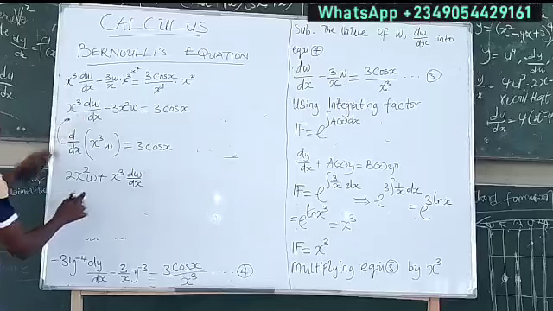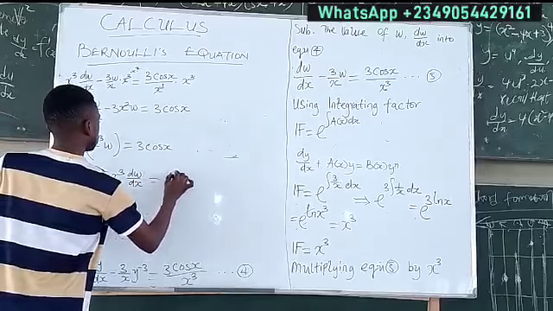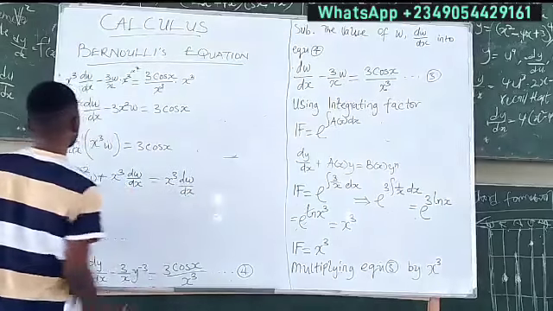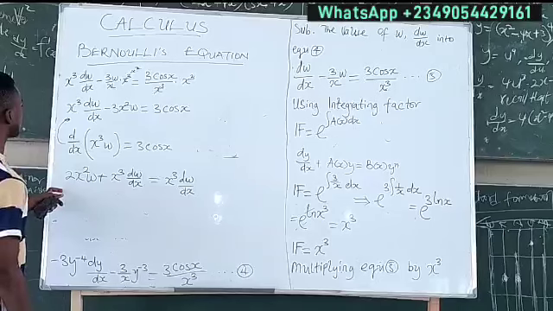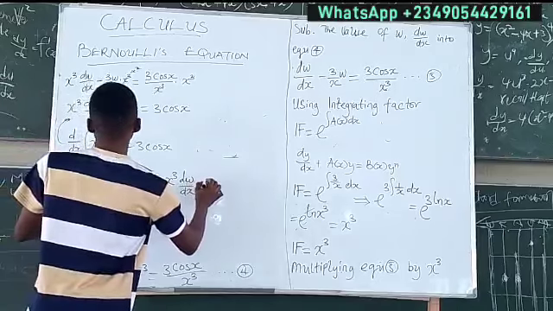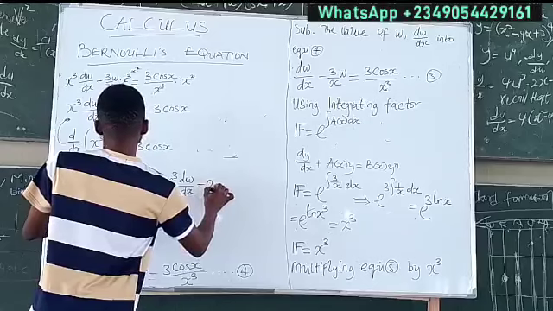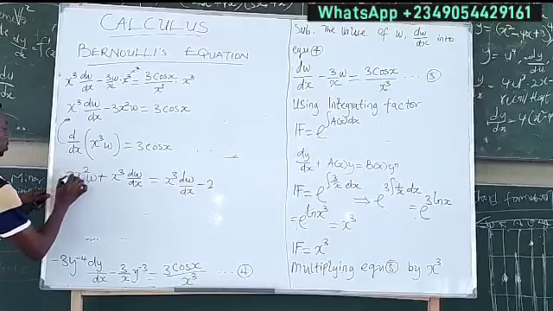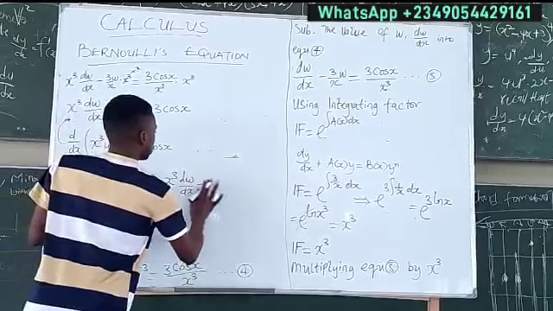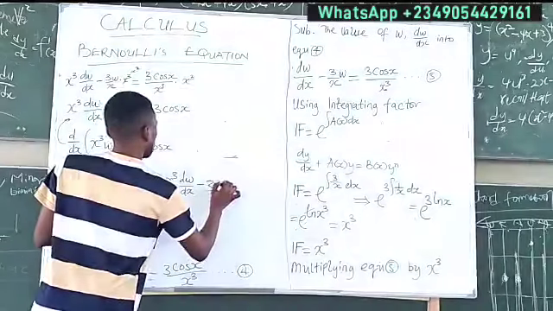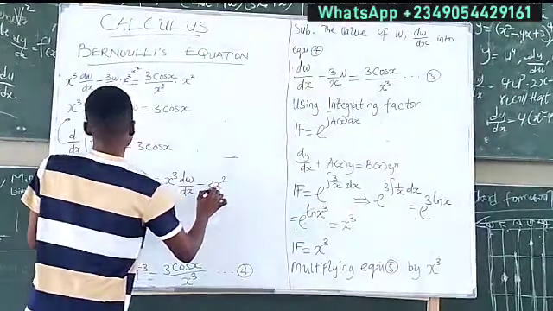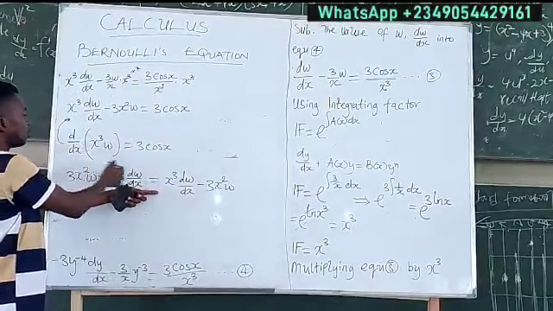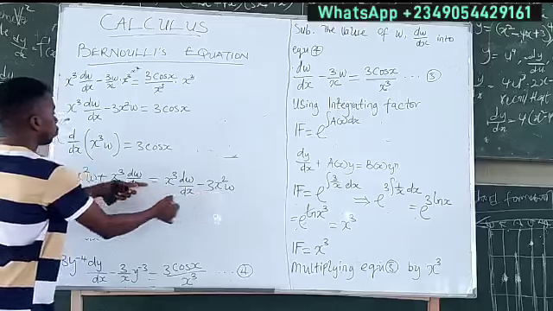Then rearranging it, it becomes x raised to the power 3 dw over dx minus, okay, sorry, this part is supposed to be 3. Sorry, 3. Okay, minus 3x squared w. You can see that from this part you can factorize it and get this form.